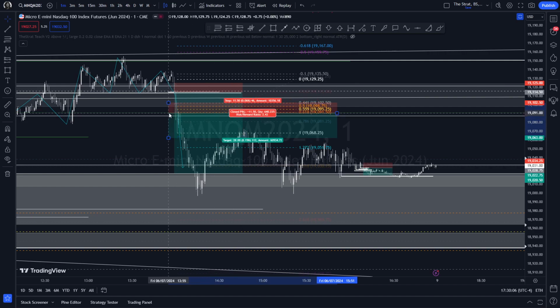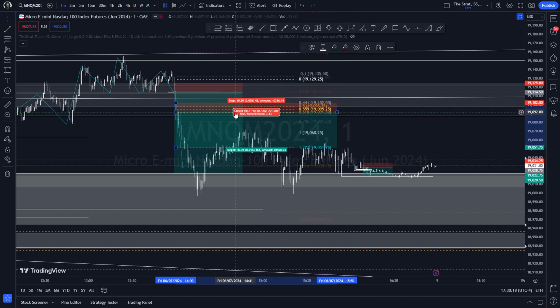So from this entry here, I would have targeted this area here. And you can see that's almost a 4 to 1 ratio, 3.83. You could have taken it down to there.